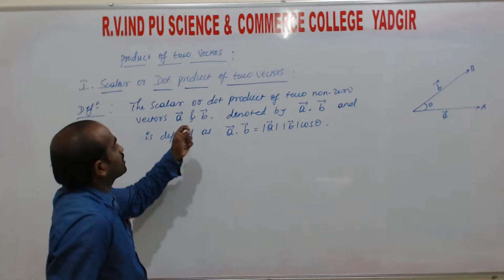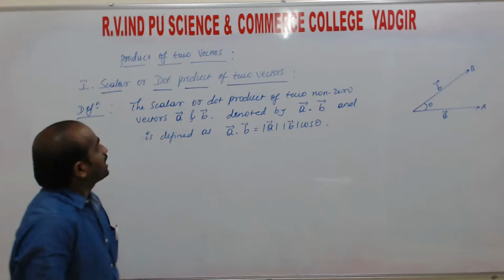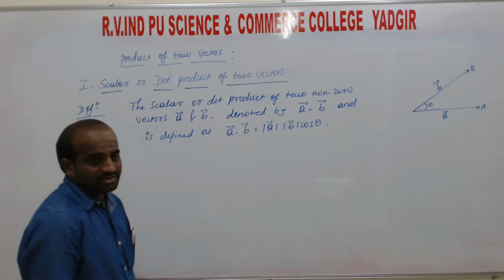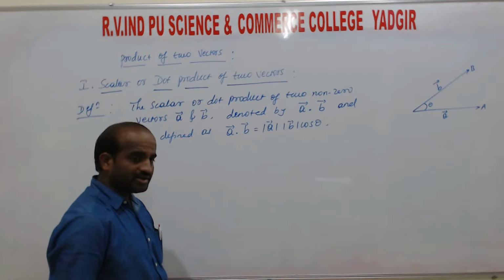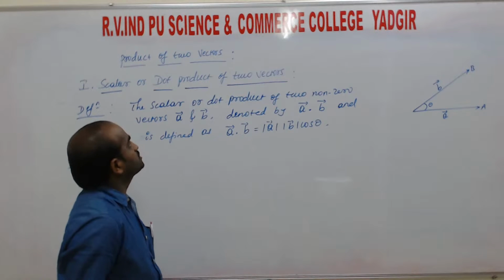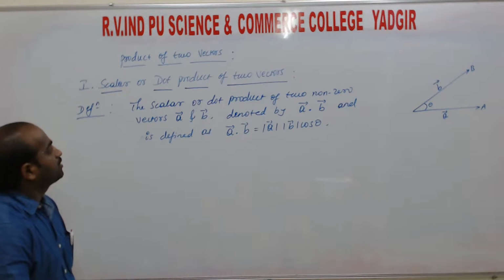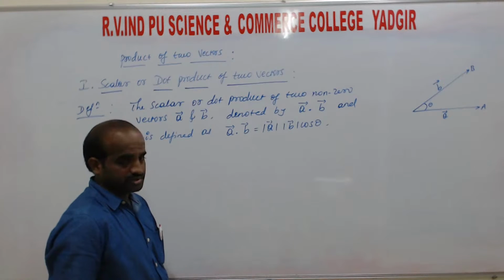In cross product, the angle must be greater than 0 and less than 180 degrees. It is maximum at 90 degrees, and that's why we use cos theta in dot product and sin theta in cross product.